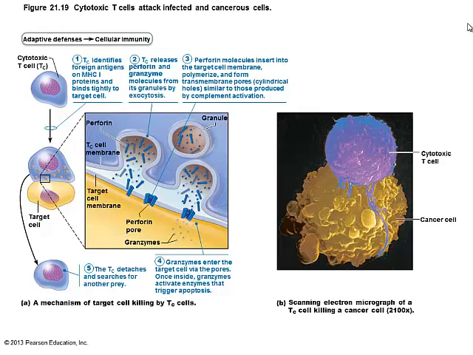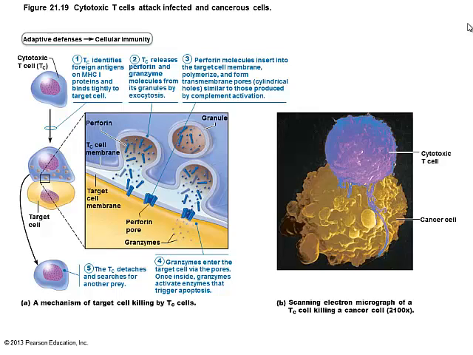All right, so cytotoxic T cells then, CD8 positive T cells. They don't do the coordination thing. When they become activated, what are they going to do? They're going to poke holes in other cells. So in this diagram on page 789 in your textbook, we see cytotoxic T cells and how they do their thing.